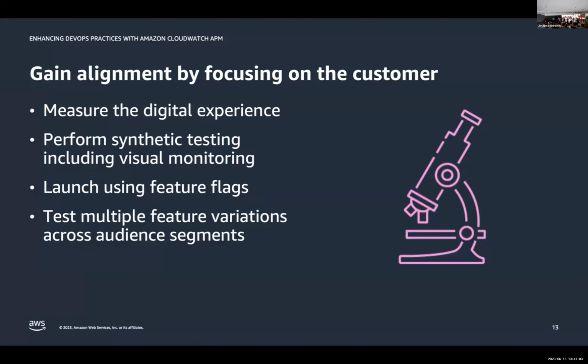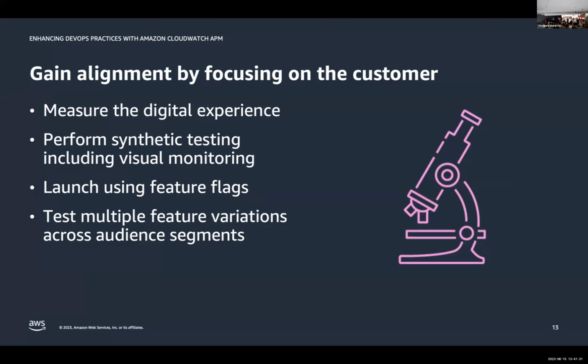Feature flags and soft launches are another great way to get features out there and then gauge their usefulness, survey users, watch users, and you can use feature launches to roll out the changes to a small part of your audience, measure them, and then test different features across different segments.